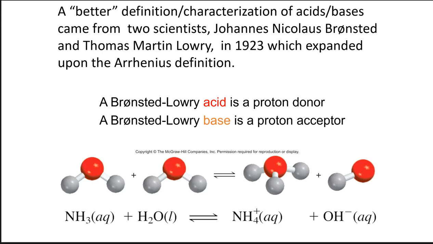And a Bronsted-Lowry base is something that accepts an H+ ion. So it was a subtle difference, but you can see here in the reaction that we could now classify ammonia as a base because it accepts a hydrogen ion from water, leaving behind the ammonium ion and hydroxide.